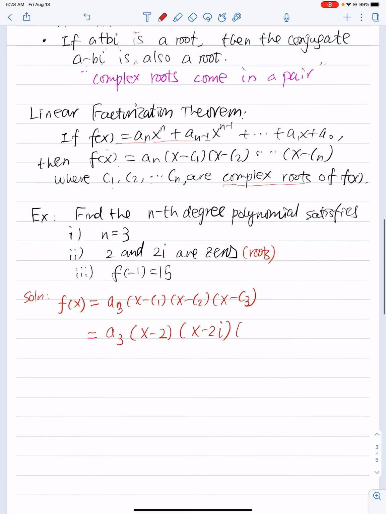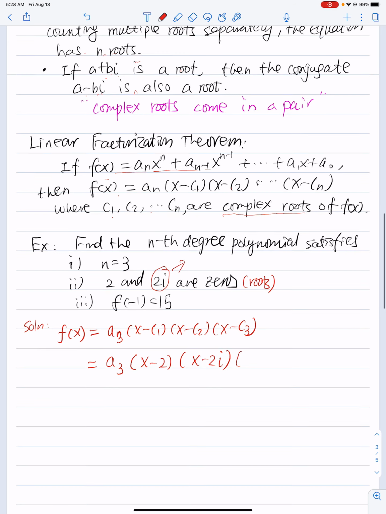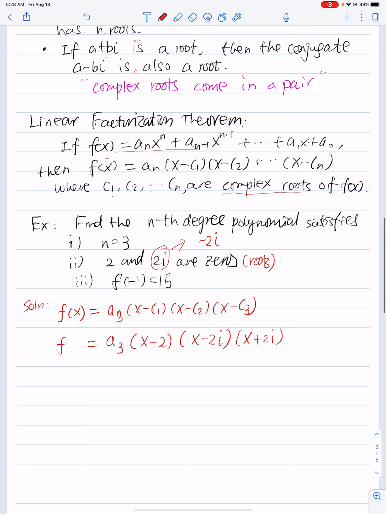Yeah, do you remember one of the properties? If a + bi is a root, a - bi is also a root. So if 2i is a root, what is definitely another root? Negative 2i is also another root. Okay, so it's x minus negative 2i, which becomes x + 2i. So your f(x) equals this. Could we simplify this a little bit?